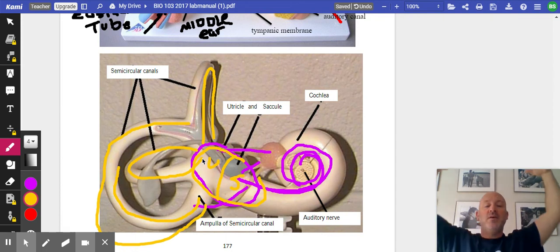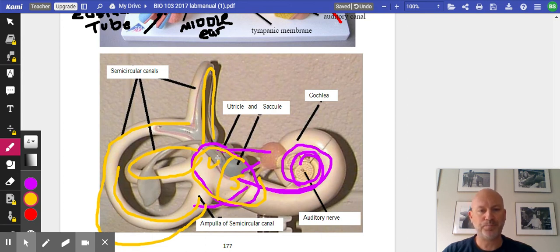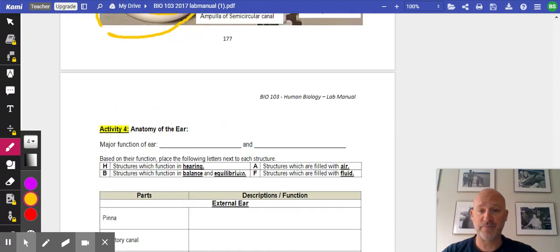It tells us if we're going up or down in an elevator. You could feel that as these fluids are shifting. Where the semicircular canals is more being used for kinetic equilibrium or rotational equilibrium. It tells us if we're spinning around, that kind of stuff.